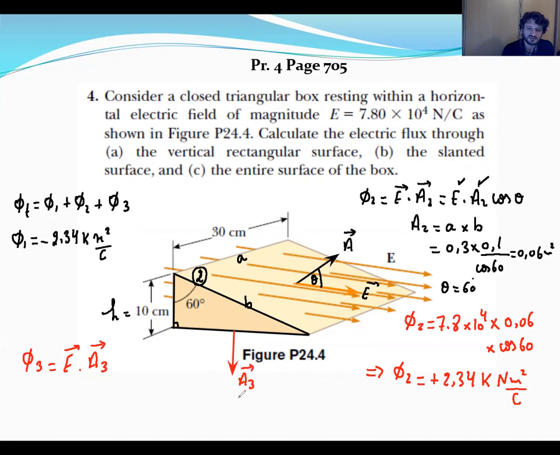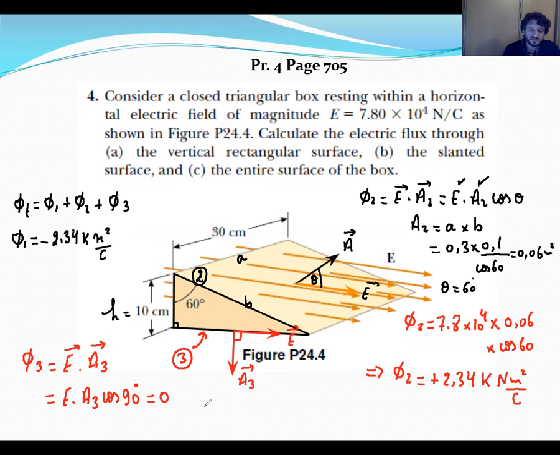The angle between A3 and E equals 90 degrees. So the flux equals E A3 cosine 90, which equals 0. We don't have any flux through the third side, this side.